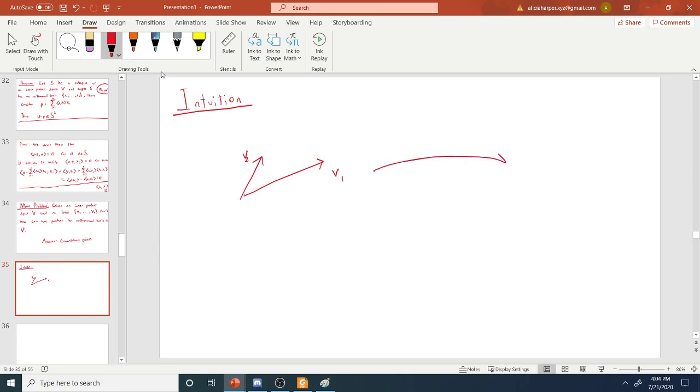So the first step, step 1, is to normalize v1 to unit length. And visually speaking, if we do this, then we'll have this picture. So we'll have our v2, that stays the same, but now our v1 has unit length.